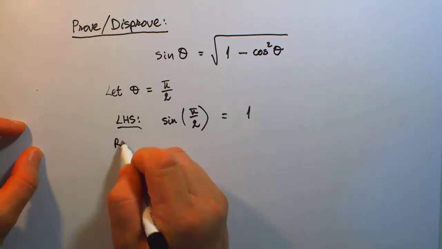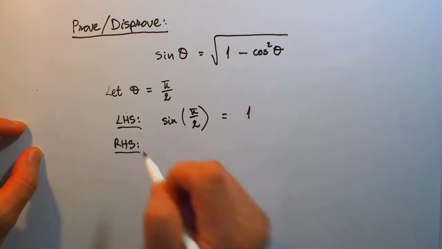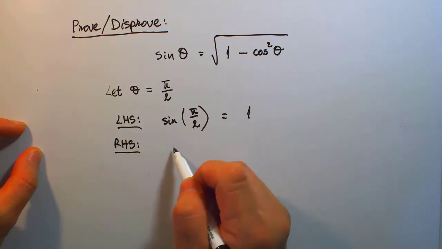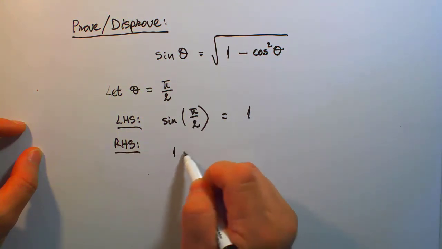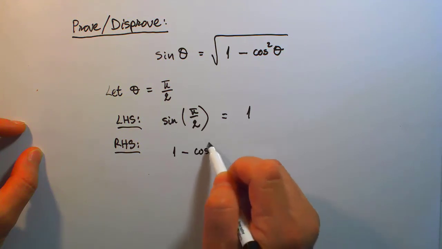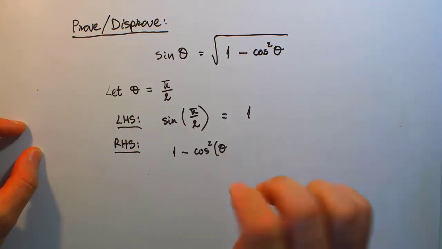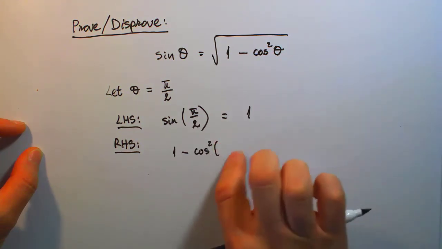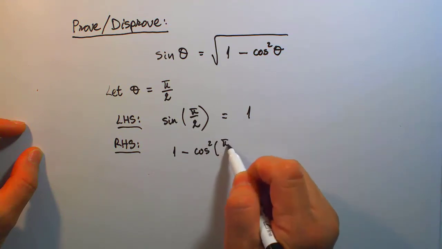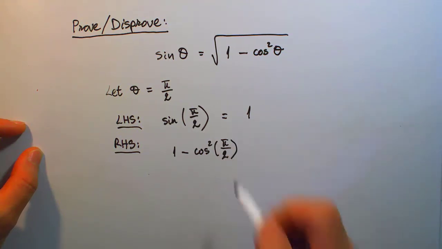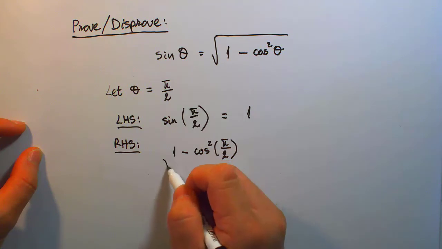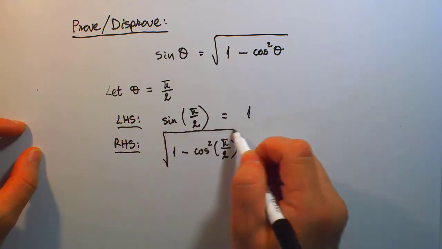On the right-hand side, we have 1 minus cosine square of theta. I should now write cosine square of pi over 2, as we already substituted pi over 2 in place of theta, and we take an overall square root.